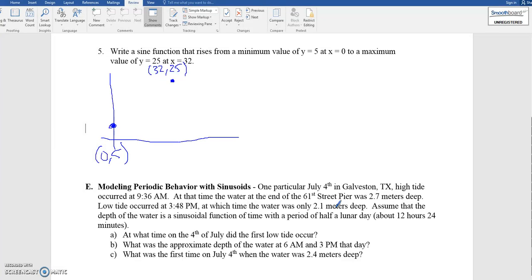And that also means that, if we think of the symmetry of our sine function, probably right around here I'm going to have another minimum, and that would have to be at (64, 5). Okay, 64 because it's going to be double 32. If this is a length of 32, this also needs to be 32. And then 5 because it's got to match up with the original point right there. So that's the graph that I'm getting there.